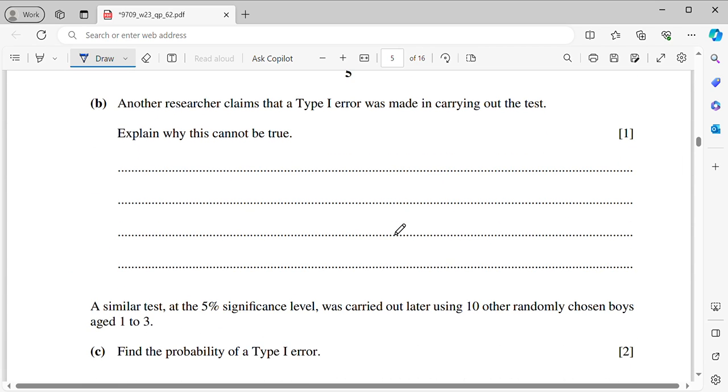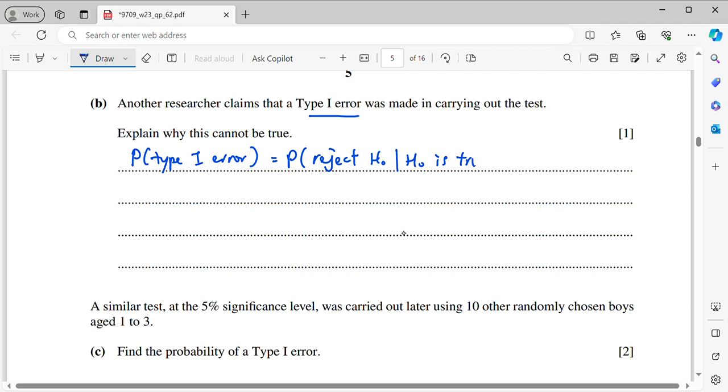Alright, now B. Another researcher claims that a type 1 error was made in carrying out the test. Explain why this cannot be true. Okay, so now we need to refer to the probability of getting a type 1 error. Type 1 error says you need to reject H0 given that H0 is true.